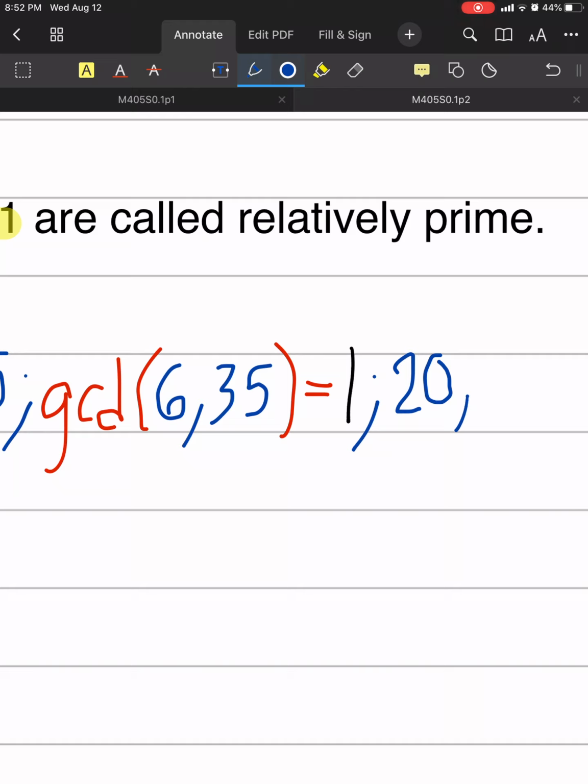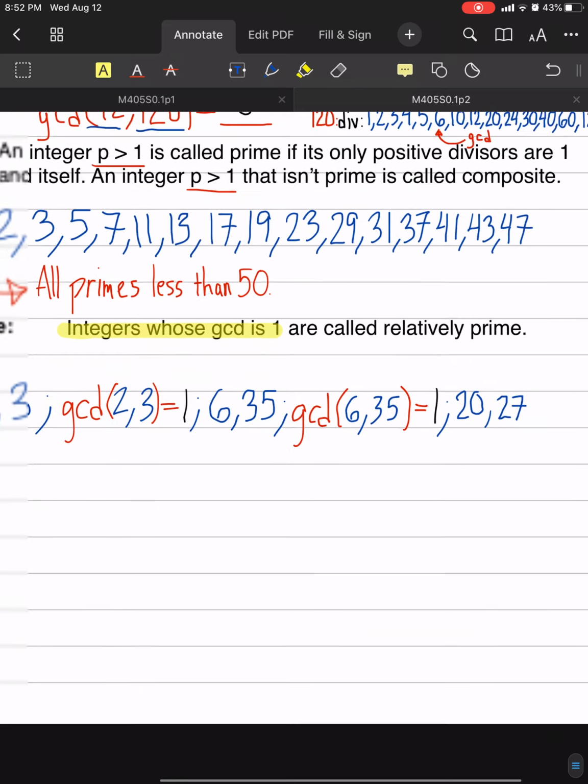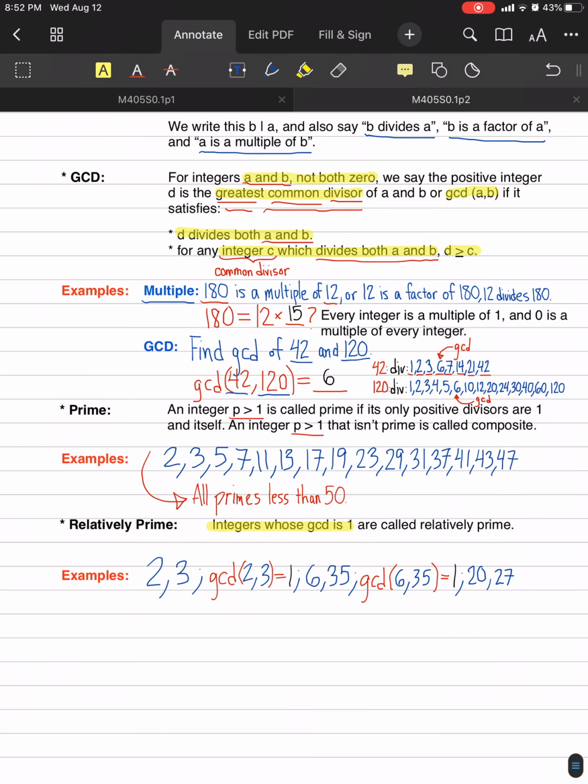So let's say we pick something with only factors of 3, but because we want to pretend we're being interesting, we'll not just make it 3 itself. We'll make it 3 to the third, or 27. So those are 3 different examples of integers that are relatively prime. Okay, so hopefully that makes sense to everybody.